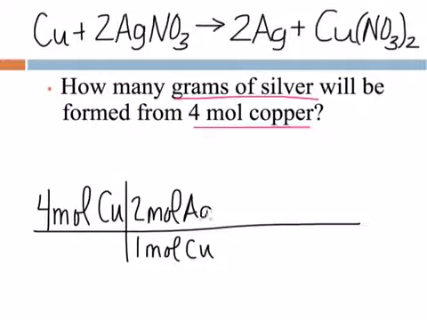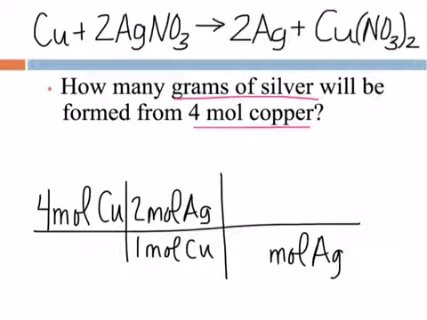I can't relate moles to grams without first going through what we call the molar ratio, right? 1:2 ratio. Moles of silver is up here, so moles of silver has to be down here. Now go back to your knowledge of the moles. Where am I going to find out moles to grams of silver?